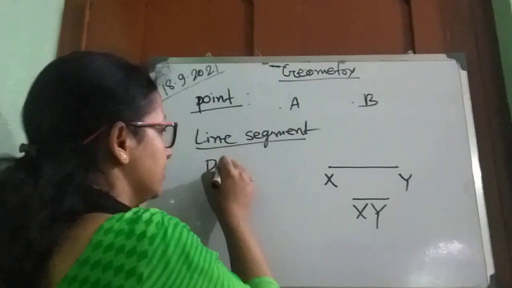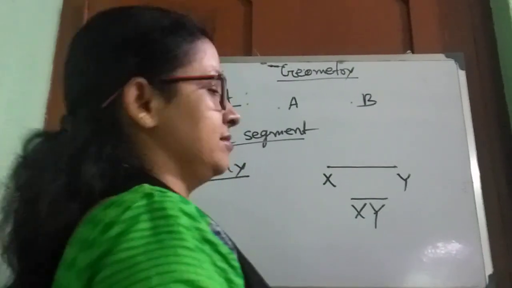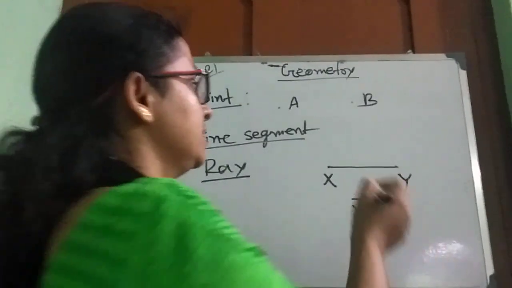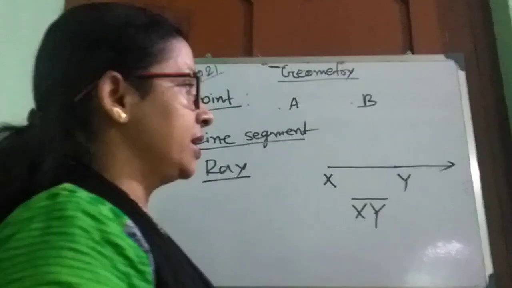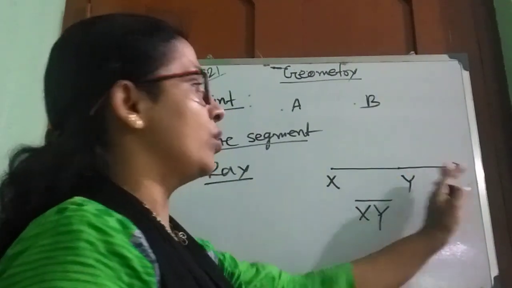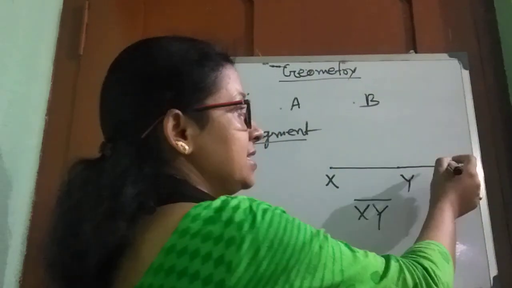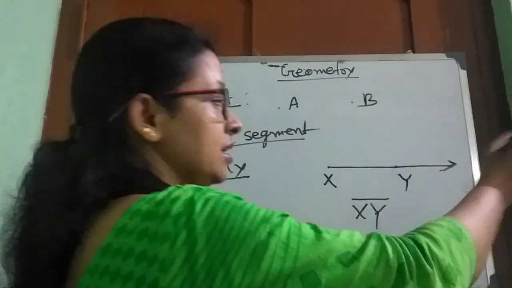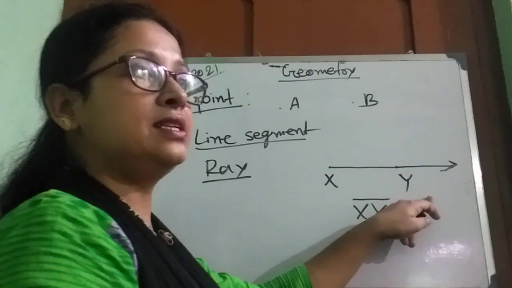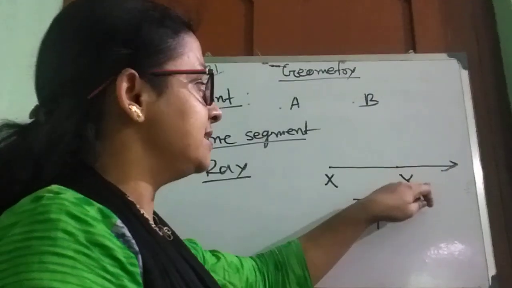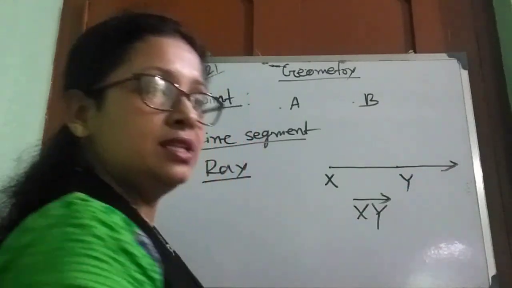Next I am saying about ray. If you expand the line segment in one direction, if it extends in one direction endlessly, obviously an arrow is given, which means it is extending endlessly, so it is representing a ray. When you write a ray, you have to represent it in this way.